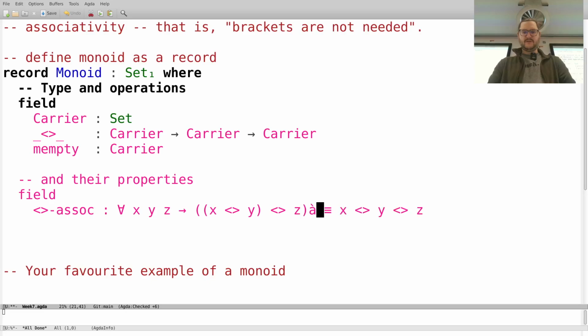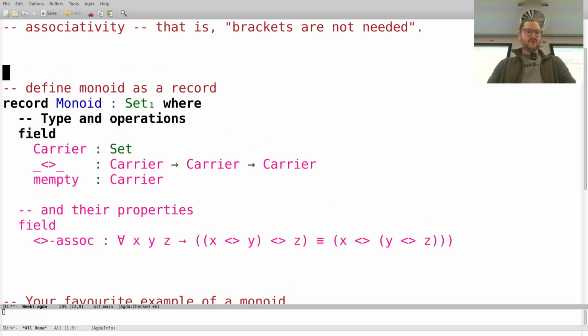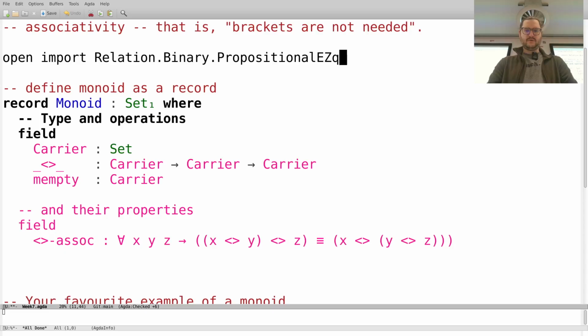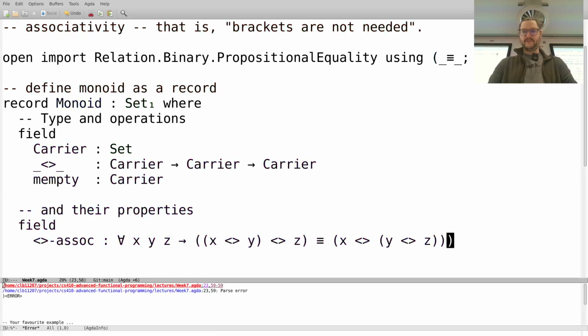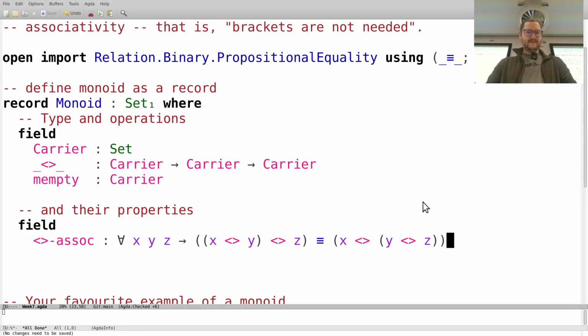So let's say to the left here, and here we'll do it to the right. I will need to import equality. Positional equality using, whoop, one too many. Okay.